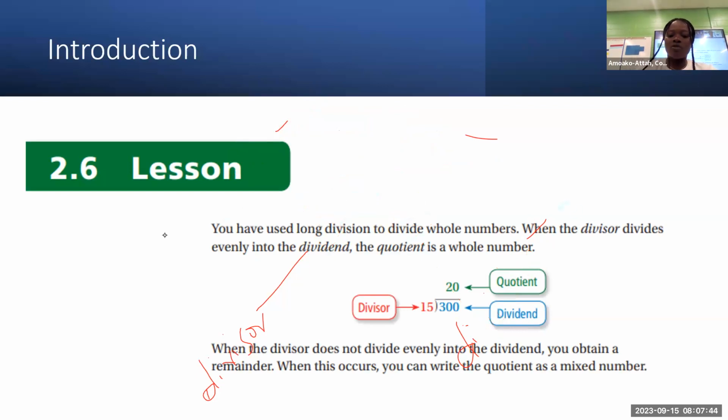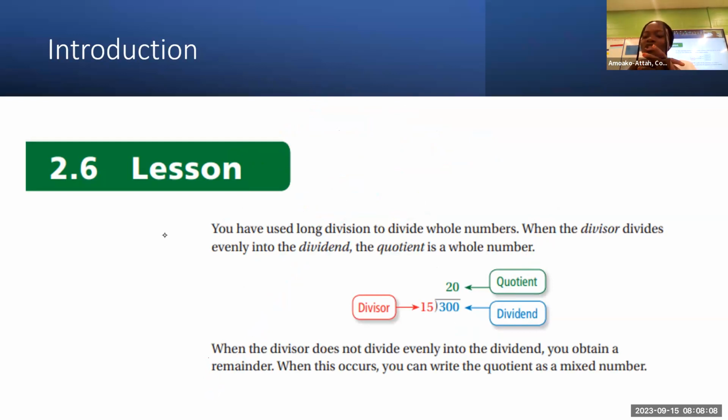Okay, so as I've stated over here, these are the keywords: the divisor, the dividend, the quotient, and if there's any remainder or leftover, that will be your remainder. So assuming you are sharing candies with your brothers, let's say you have 3 siblings and you have to share 16 candies.